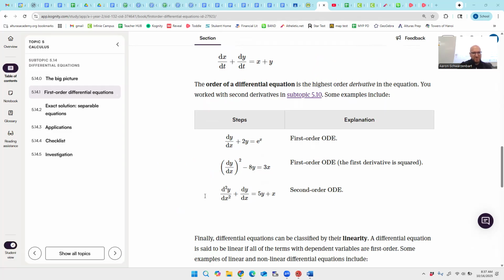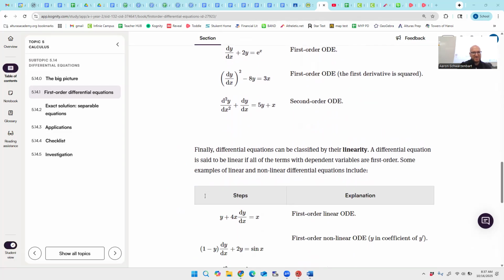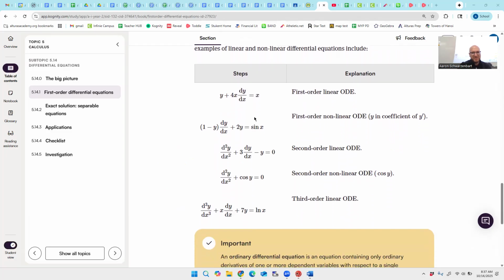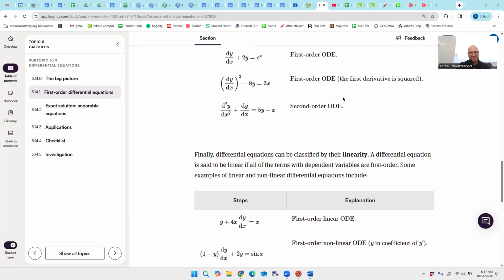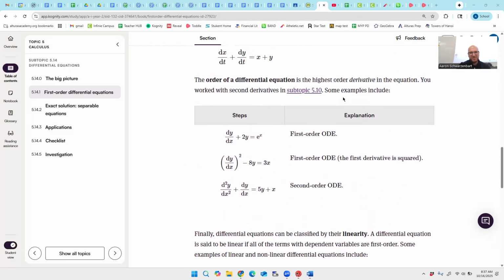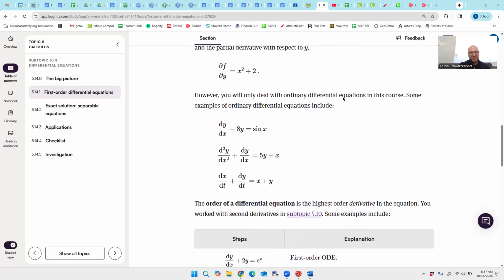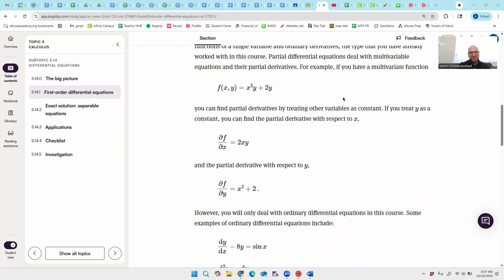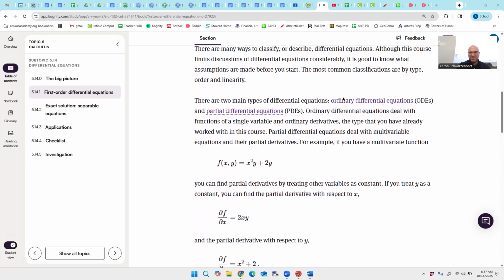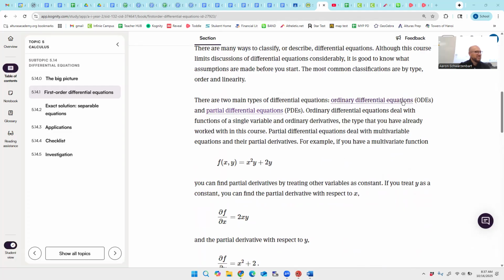Okay, so does that make sense? First order linear differential equation. Linearity? I'm trying to figure out what ODE means. Ordinary differential equation.